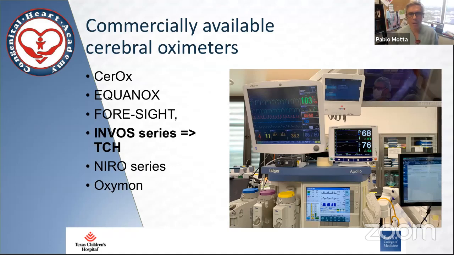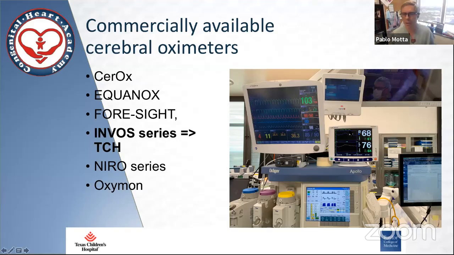So there are several equipment brands of oximeters. We do use INVOS at Texas Children's. There's a fair amount of publications with others. I'm going to mention a couple of studies that used Foresight. And this technique has been improving through the years.